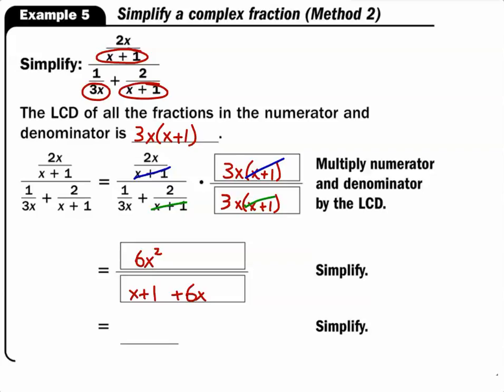So x plus 1 happened when the first term was multiplied. 6x happened when the second term was multiplied. It's actually pretty awesome. It makes us have 6x squared over 7x plus 1. And then at this point, you're just pretty much done.